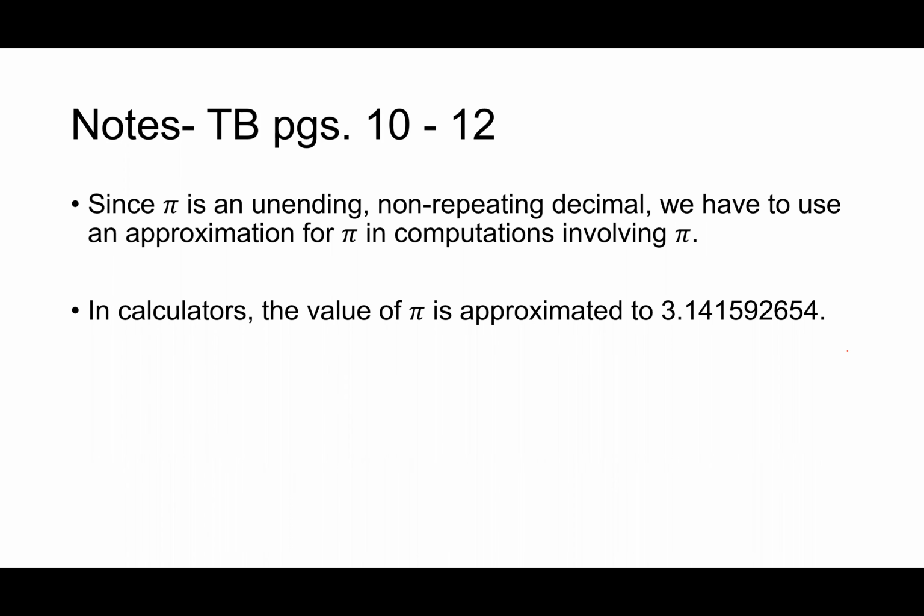For our calculations, we're going to use 3.14 or 22/7. A couple slides ago, we showed that 1/7 is about equal to 0.1428 and so on. So 22/7 is really close to 3.14. And for our purposes, we're going to use either.